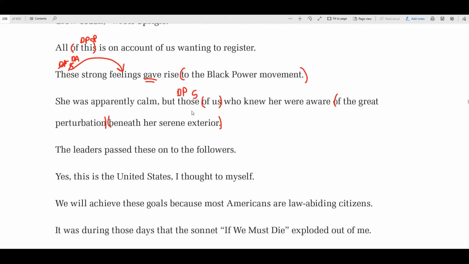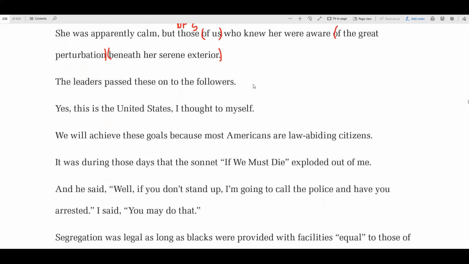"The leaders passed these on to the followers." Passed these on to the followers. I don't know. That might be this, the whole thing. I'm not sure which one of those is the prepositional phrase. We don't have to mark them. I just mark them because it helps me.